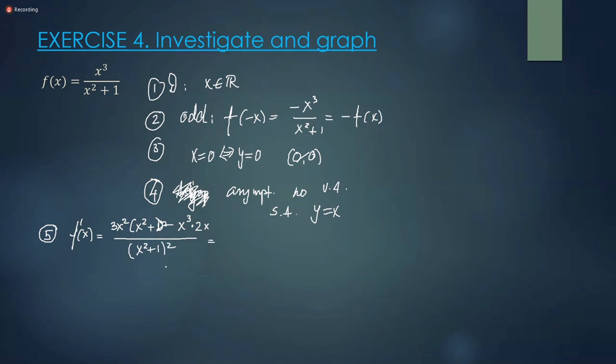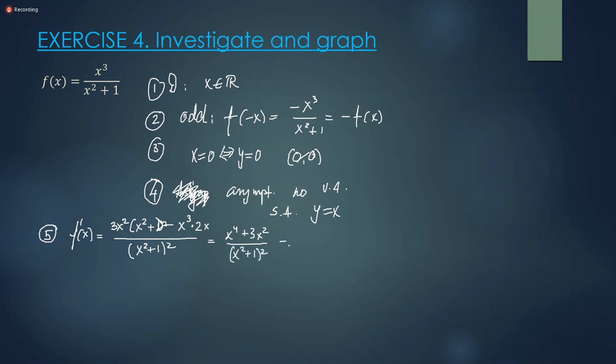So the first derivative would be 3x to the fourth minus 4x to the fourth, which is simply x to the fourth, and here we have 1 plus 3x squared, divided by x squared plus 1 squared.